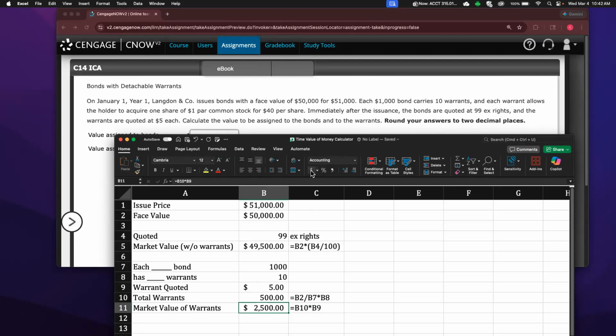So we've got the total market value of our warrants. We have the market value of our bonds without the warrants. So now we need to determine the total market value of both securities.